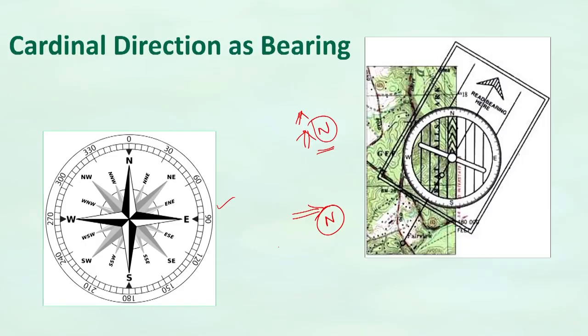Anyhow, let us discuss. Usually in any map, if this is a map, this side will be north and this side is south, this side is east and this side is west. This is a universal way to find direction in a map, and that is applicable here also.